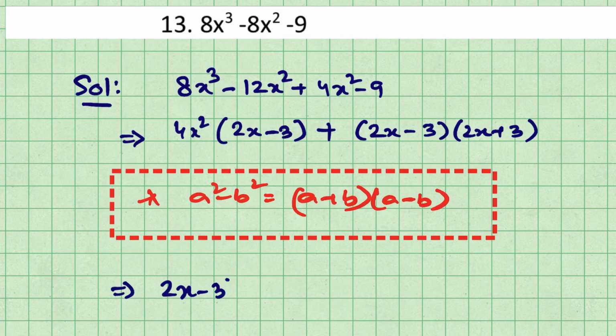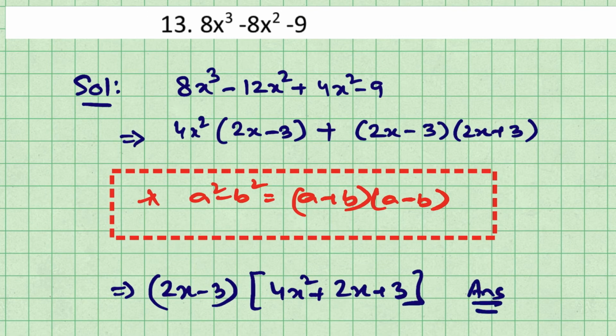Now I take common, so we'll get (2x minus 3) (4x square plus 2x plus 3). So that is the final answer. So the trick only here is to identify that minus 8x square can be written as minus 12x square plus 4x square. Once that is done, the rest is super easy.